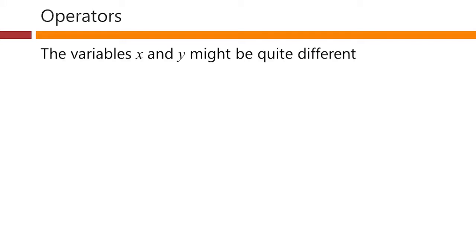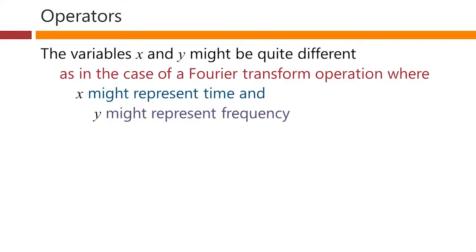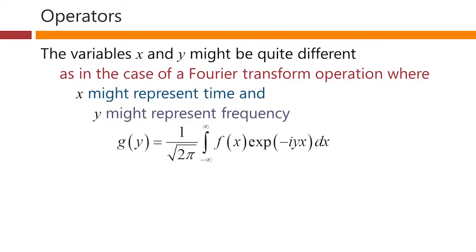It's also possible that the variables x and y might be quite different variables. For example, in the case of a Fourier transform operation, where x might represent time and y might represent frequency. So here's a Fourier transform operation. It's a normalized one in this particular case with the 1 over root 2 pi out the front.